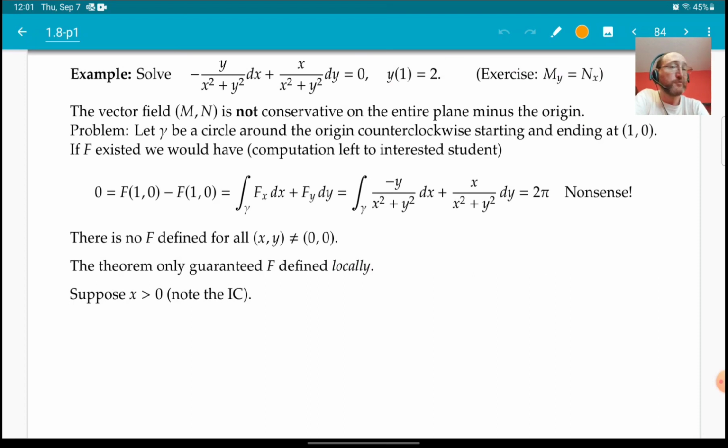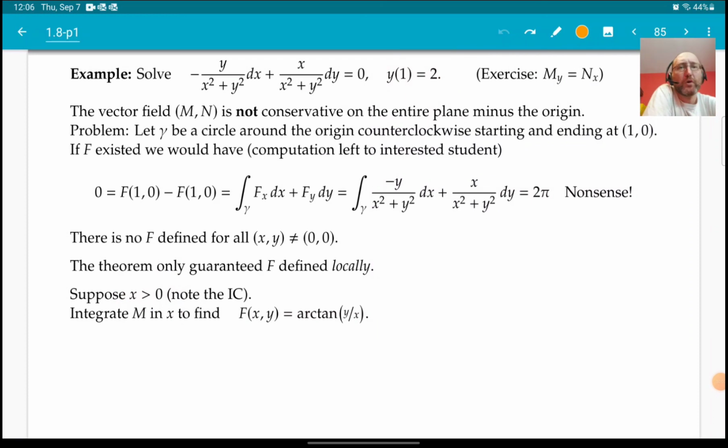So as long as near that point, yeah, we're fine. And actually what we're gonna do is just suppose that x is positive, because we look at this initial condition and x is positive there. So if we figure out a solution for positive x, we're good. We're gonna integrate M in x, or we could start with integrating N in y.